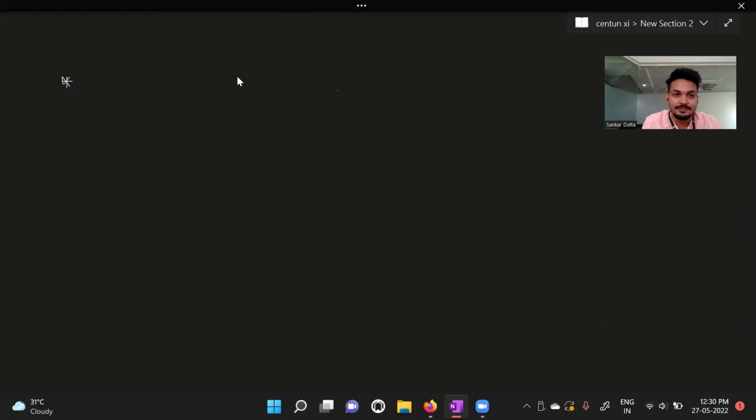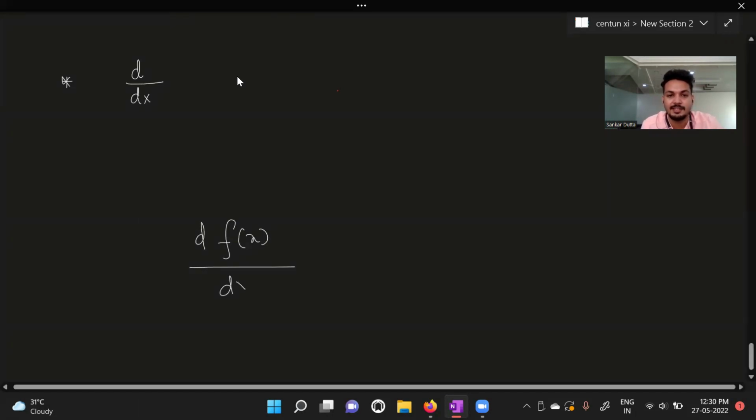The first simplest rule is going to be this. This is the symbol for differentiation, d by dx. Just like plus is a symbol, d by dx is the symbol. When you apply d by dx to any function, it will give you an output. For example, if you have some function f(x), you write d f(x) by dx.